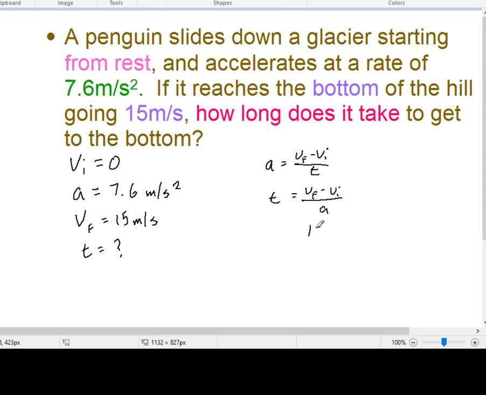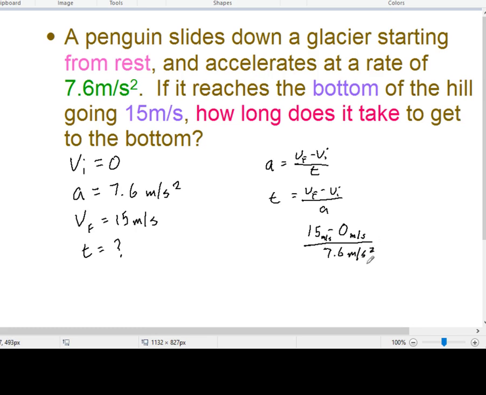So now I just do some math here. 15 minus 0, and I should label it. It's easy to get a little bit sloppy because you are in a hurry, but you should really label everything. Meters per second squared.